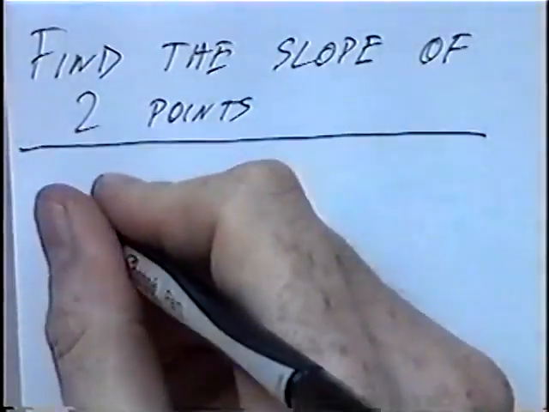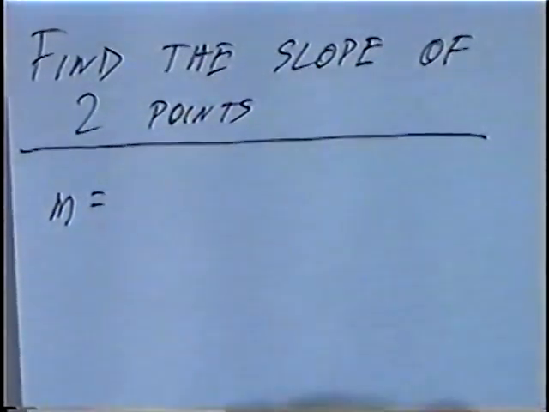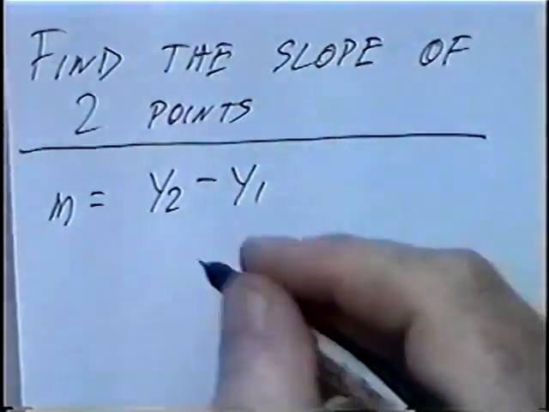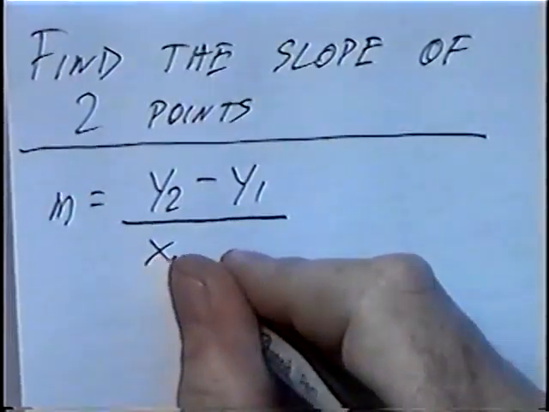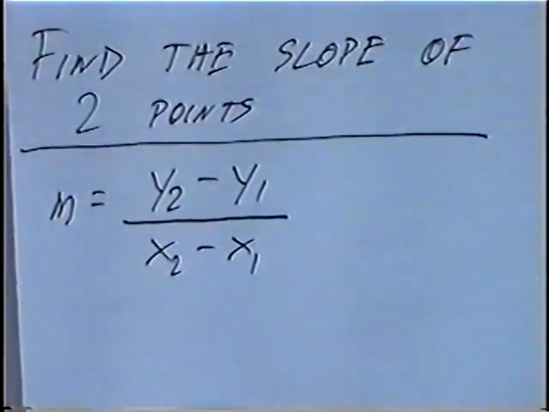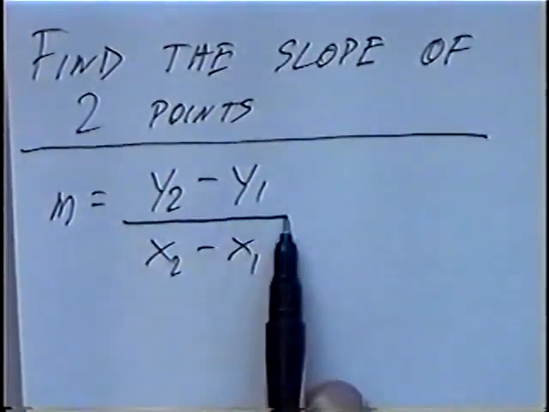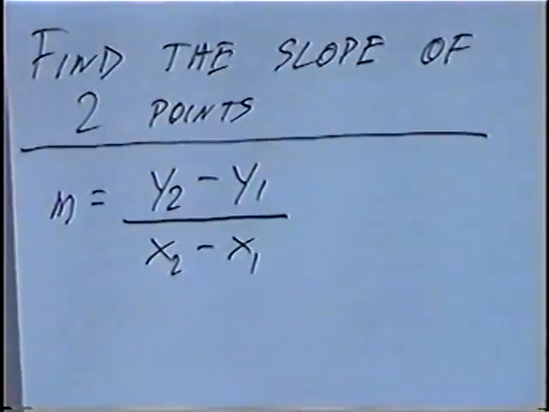The definition or equation for the section, m will stand for slope, and the equation will be y2 minus y1 divided by x2 minus x1. To find the slope of 2 points, we will subtract the y values in order, and underneath on the denominator of a fraction, we'll subtract the x values in order.